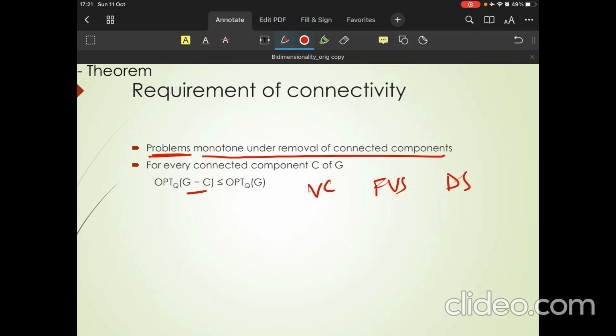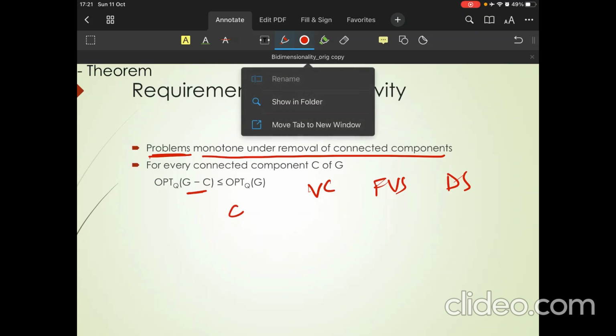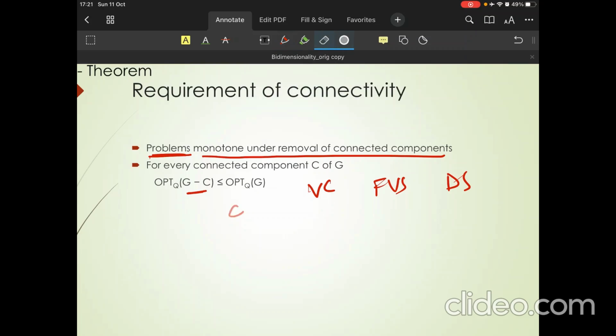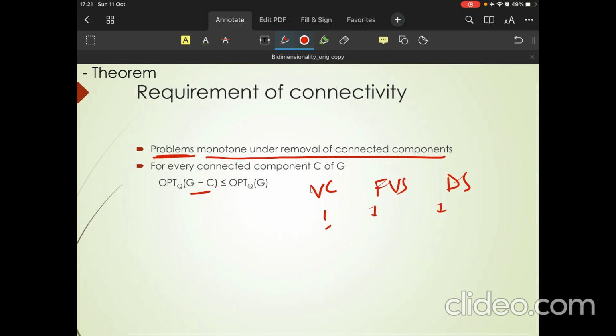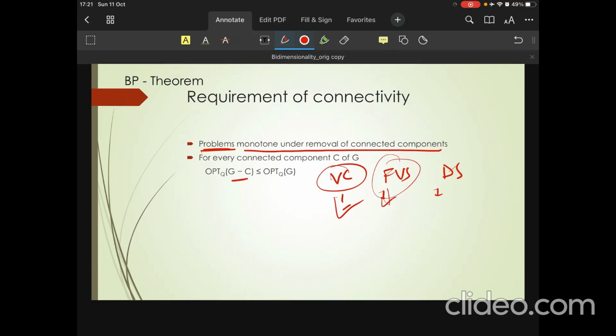So you can clearly see that vertex cover, feedback vertex set, and dominating set are all monotone under removal of connected components, because removing some components doesn't increase the vertex cover, and similarly for feedback vertex set and dominating set. So we can relax this connectivity assumption given the problem is monotone.